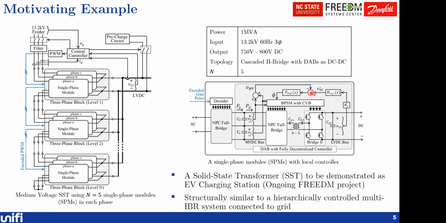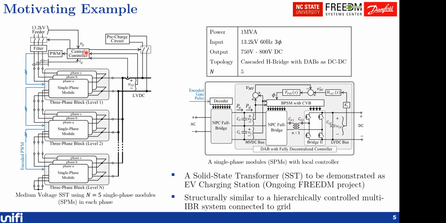As you can see on the left side, in each phase, we have 5 of these blocks. And inside each block, we have a dual active bridge. And it has its own completely local controller, and then there is an active front end. And all the active front ends of the whole system are being controlled by a centralized controller.